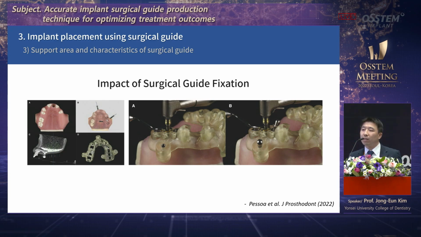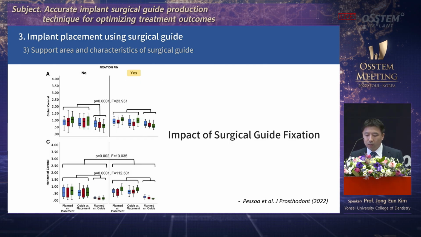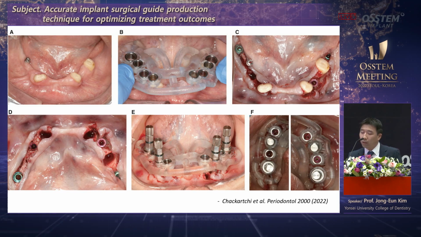These have been reported, and if there's a lot of distal extension, bone fixation screws need to be utilized so that you can minimize the shifting so that it can be accurately applied. There are many studies on this. Bone fixation screws can be of great help.